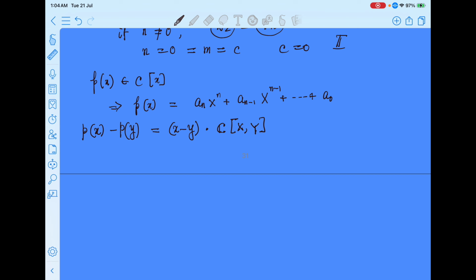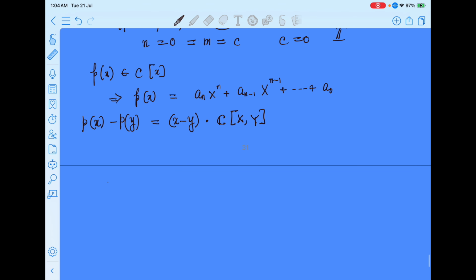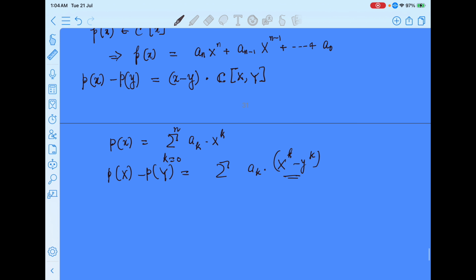Some two variable polynomial in x, y, because p(x) is this, sum of a_k x to the power k from 0 to n. Now p(x) minus p(y) is what? p(x) minus p(y) is the summation a_k times x to the power k minus y to the power k. Now just pull out one factor of x minus y here, so we will get this, right? This is easy, so we can write it like that.